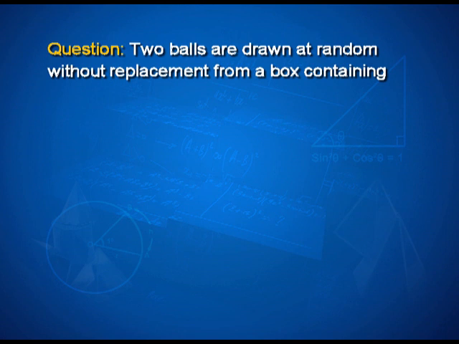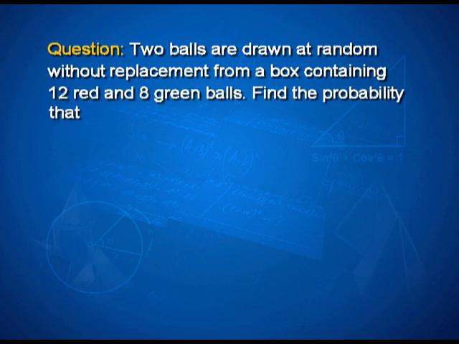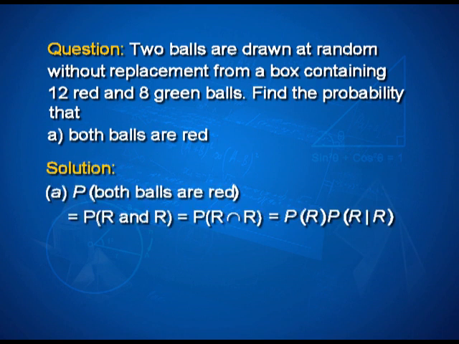Such cases would be without replacement. I have 12 red, 8 green balls. What is the probability that both balls are red? In this case, again starting with the same notation of R and G, the probability of R and R, which is the probability of R intersection R, will be the probability of R into the probability of R given that R has happened.